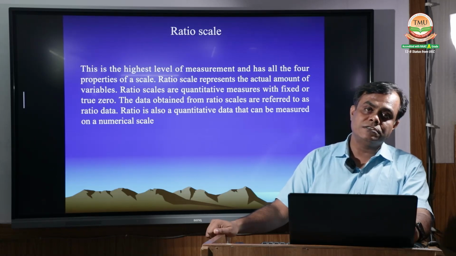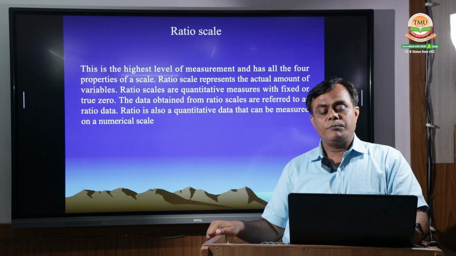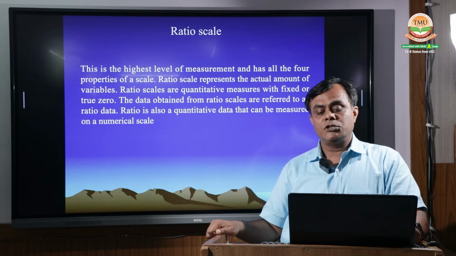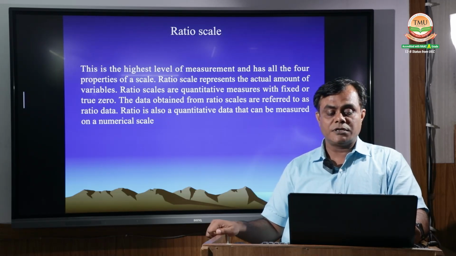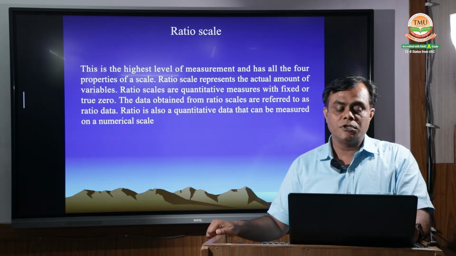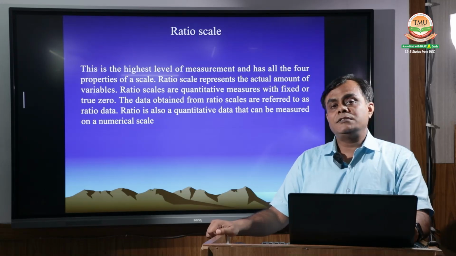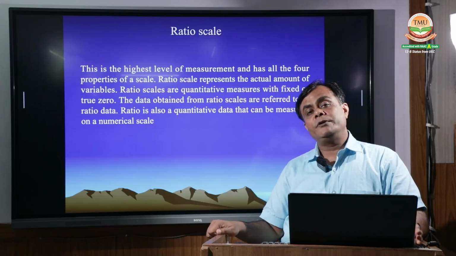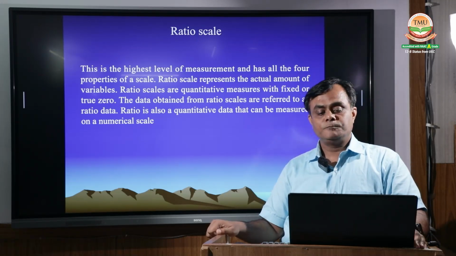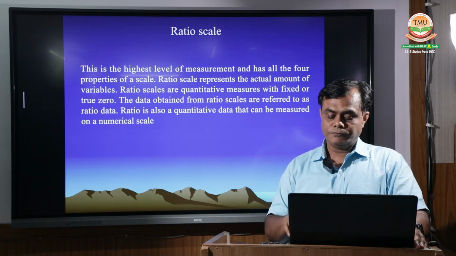So simply we can say that the ratio scale is also part of the measurement of data on a numerical scale basis. So when you are using the ratio scale, you can use numerical quantitative data, and you are just finding the ratio between the variables on the basis of numerical values.